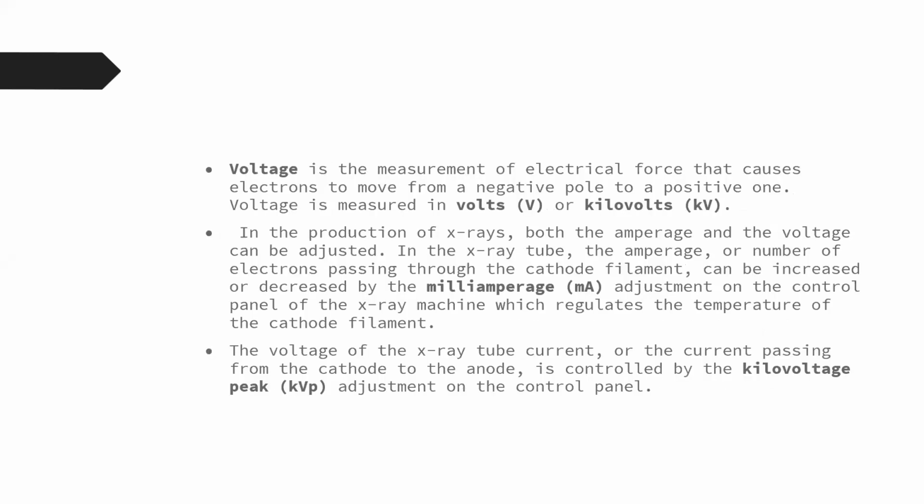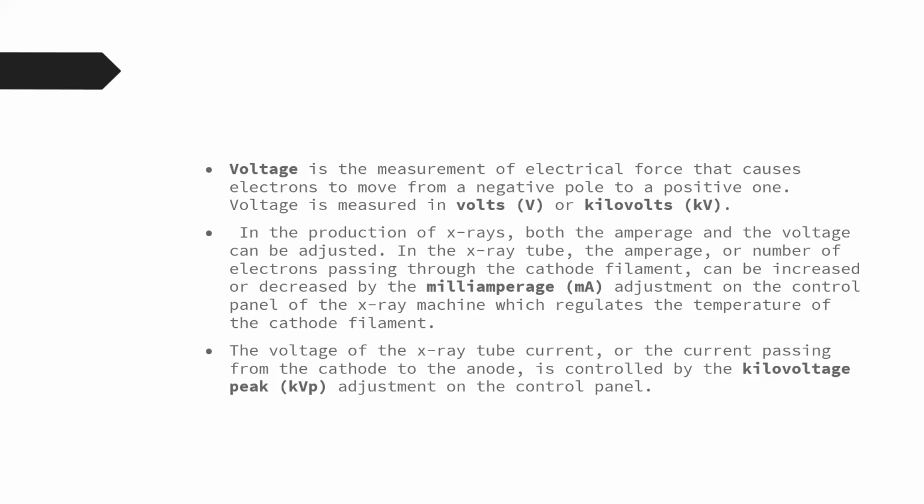And then there is voltage. And voltage is the measurement of electrical force that causes electrons to move from a negative pole to a positive pole. And voltage is measured in volts or kilovolts. Now, in the production of X-rays, both the amperage and the voltage can be adjusted.